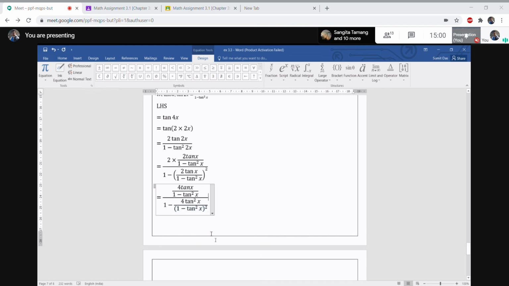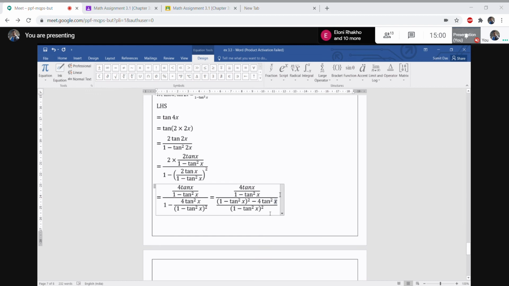Okay, if you do the LCM, numerator will not change. Denominator, the LCM will be this. And numerator, it will be this one minus 4 tan square x.